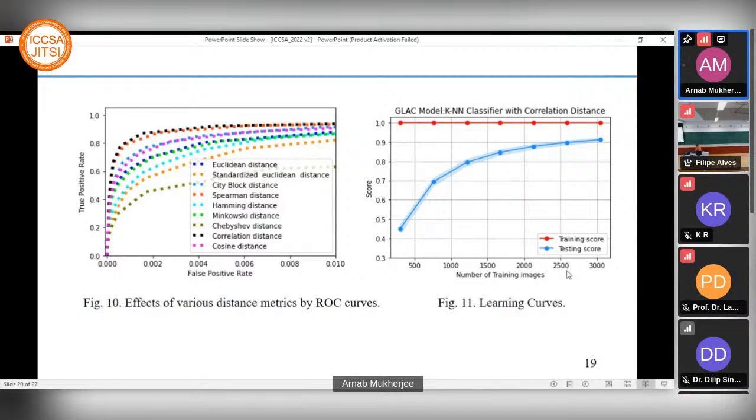It is visible from figure 11 that the curves are converging at a good score, which suggests that the proposed model is not underfit.